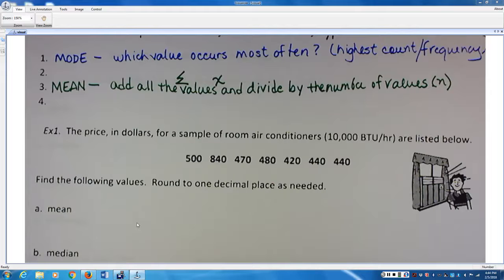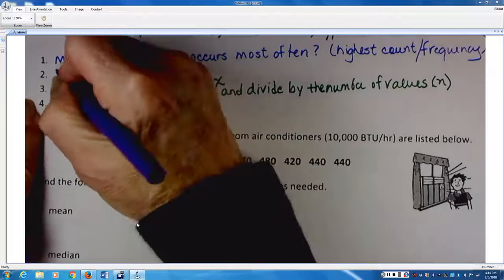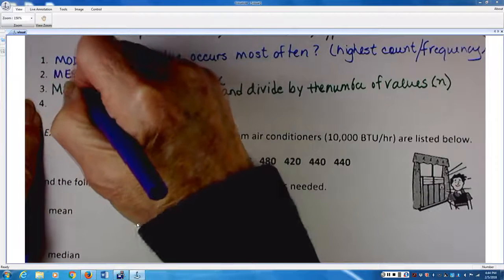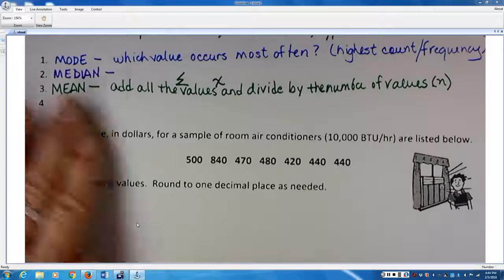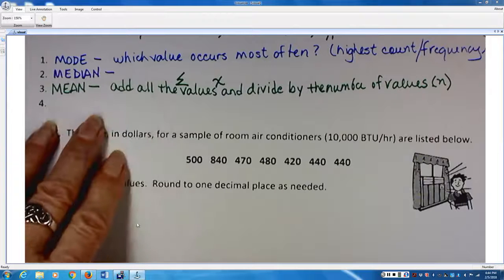And then there's another pretty good one called the median. We actually looked at that already. The median is the middle of a rank ordered set of data.